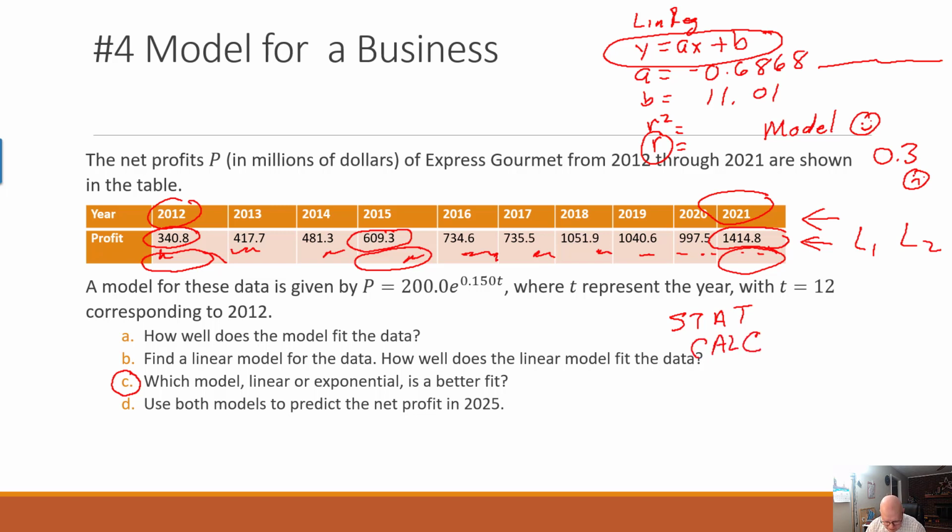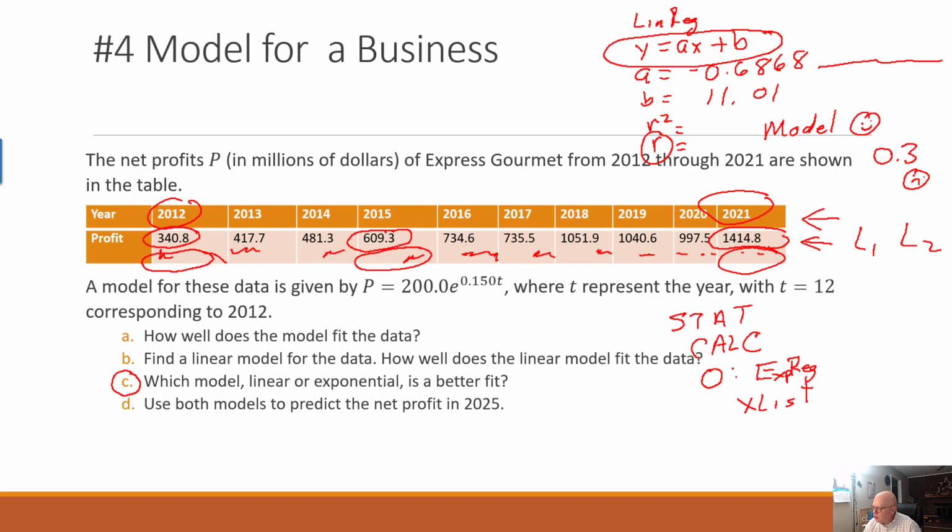This time we're going to go to 0, which is an exponential regression. And if you do that, it's going to ask you for the same things. Where's the X list?